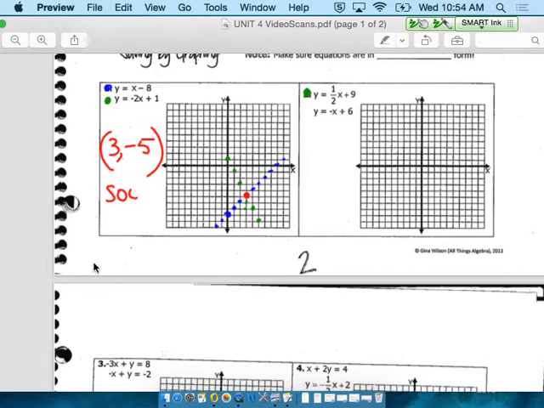So I start with +9 and my slope is 1/2. So if I move down 1 and over 2, down 1 and over 2. And then the second line graphs starting at +6, with a slope of -1.